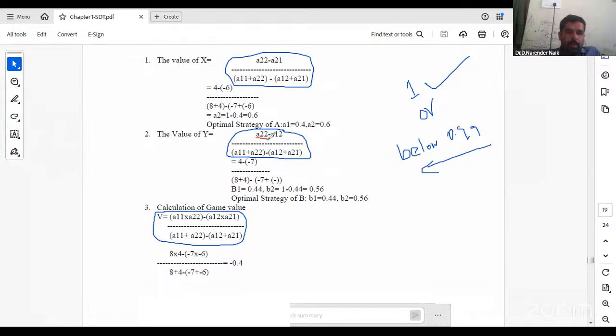A22 is common, only this one is changed. See, the denominators are the same, because the principle is the same here. A22 minus A21 divided by A11 plus A22 minus A12 plus A21.